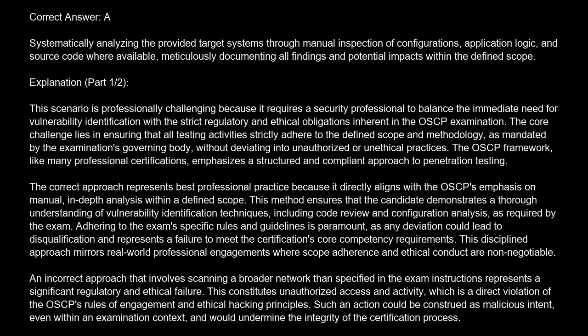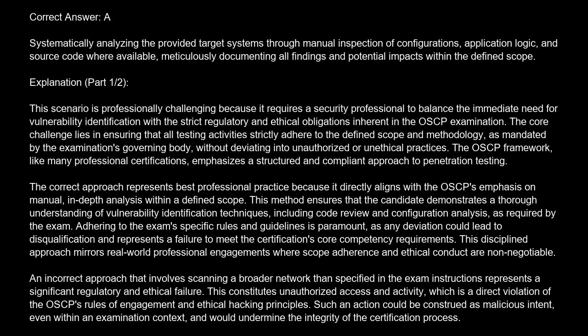The correct answer is A. Systematically analyzing the provided target systems through manual inspection of configurations, application logic, and source code where available, meticulously documenting all findings and potential impacts within the defined scope. Explanation.